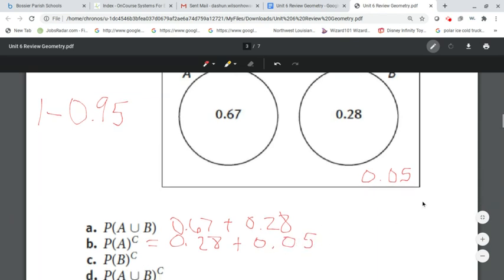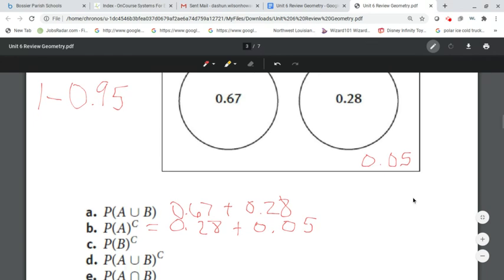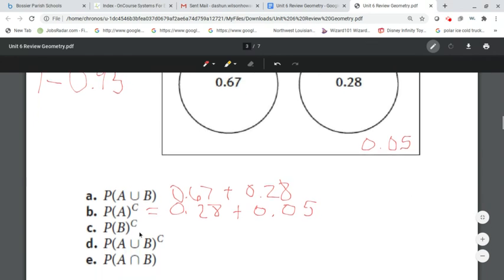All right, the next one, not B, will be everything that is not B, which will be 0.67 plus 0.5, 0.5, I'm sorry.